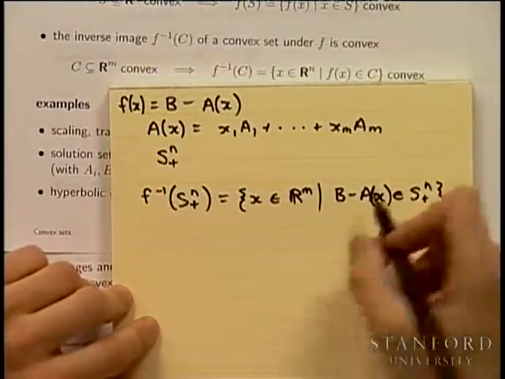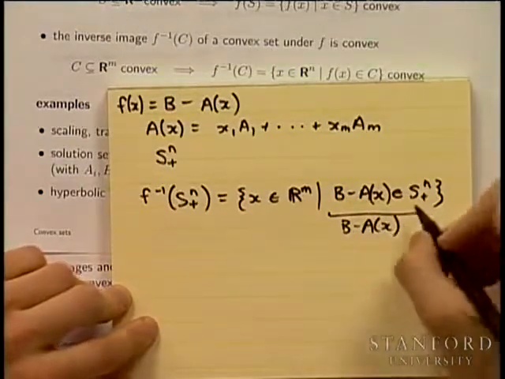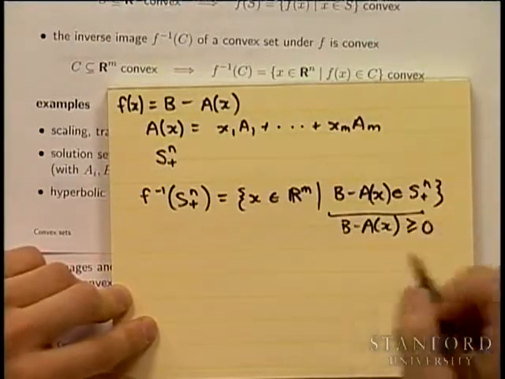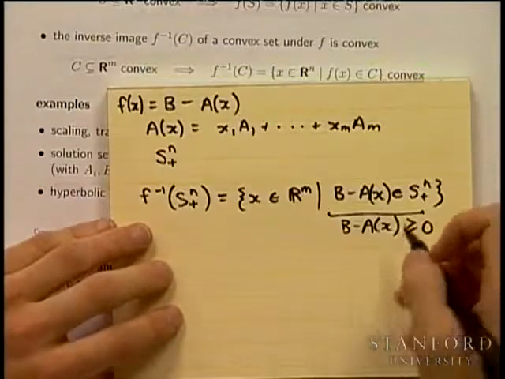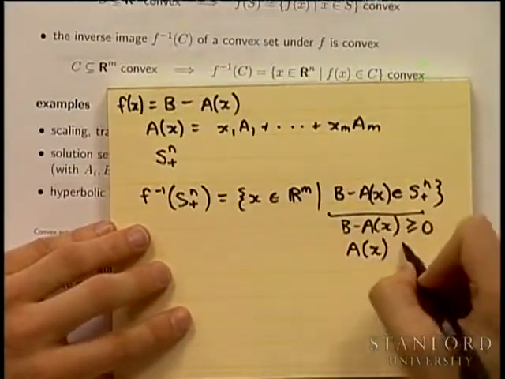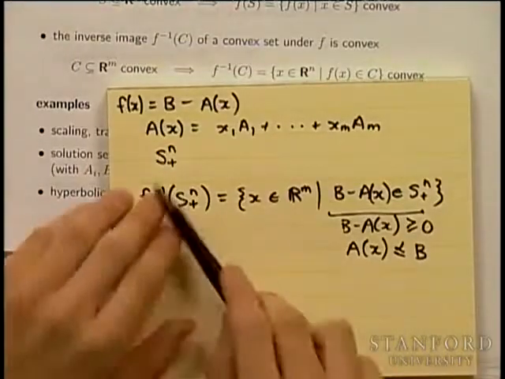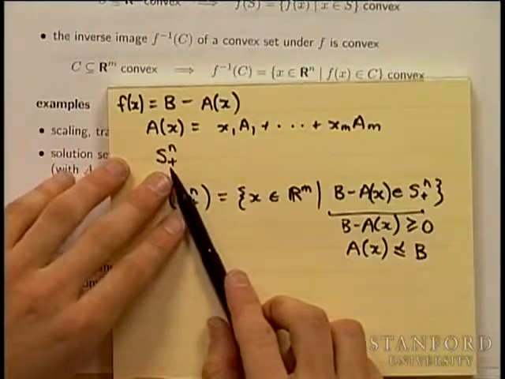And this is just a fancy way of saying that A of x is less than or equal to b in the positive semi-definite sense.